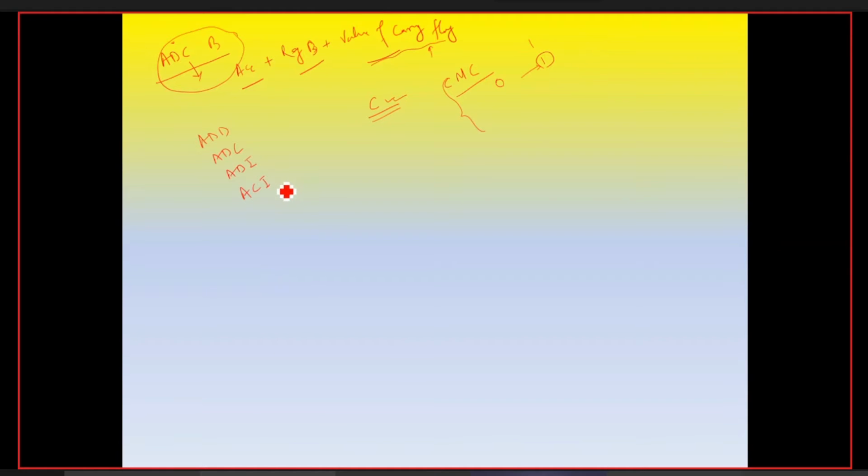After ADD a register is there, like ADD B, ADC a register is there, ADI data is there, right? So the meaning of ACI is content of accumulator plus the specified data plus the carry flag value.